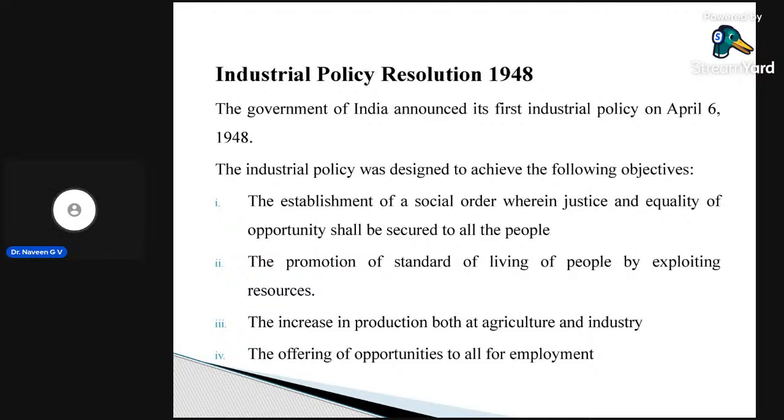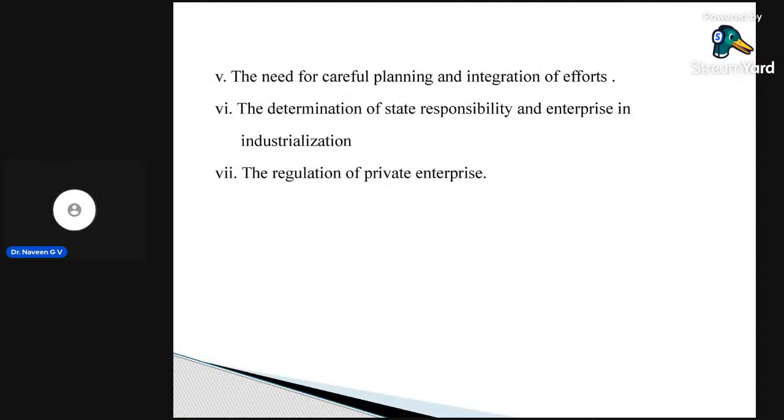The promotion of a standard of living of the people by exploiting resources, and increasing production in both agriculture and industries, offering opportunities for employment that should be created.